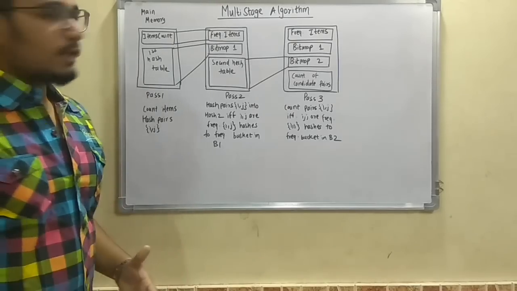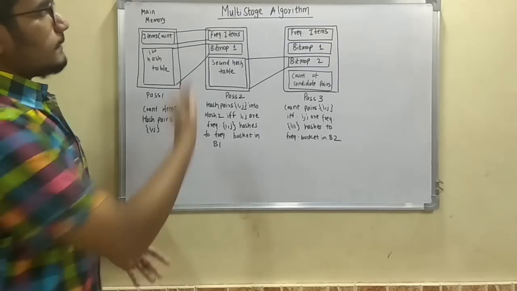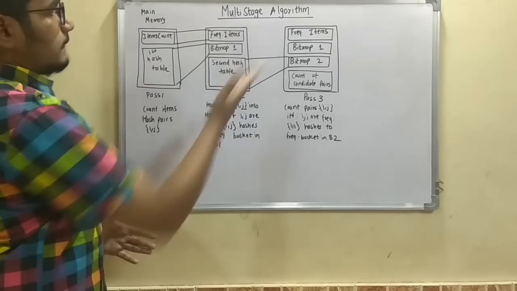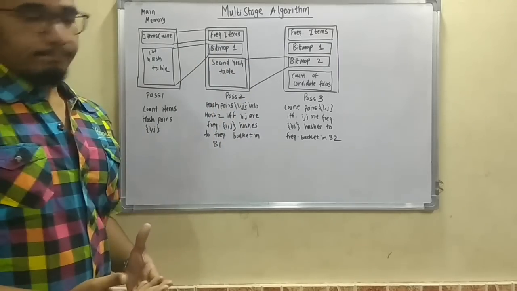Next is the final pass, pass 3. From pass 2 we have the frequent items as well as bitmap 1.